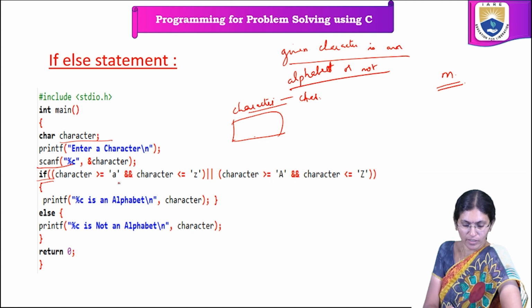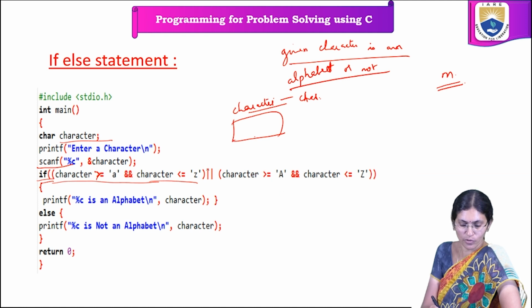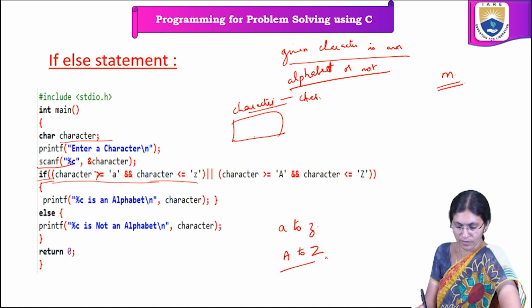Now this condition is checked. See here, in this condition, we have used the relational operator greater than or equal to. Apart from that, we have also used the logical or operator. We know that capital A to capital Z, and small a to small z, these are alphabets.